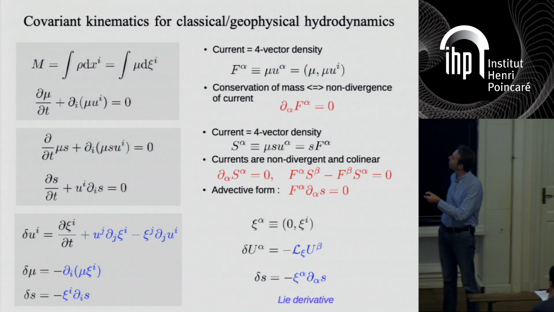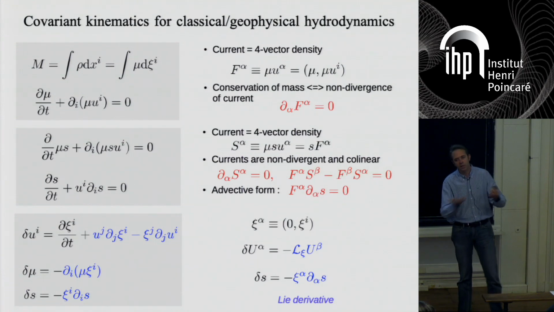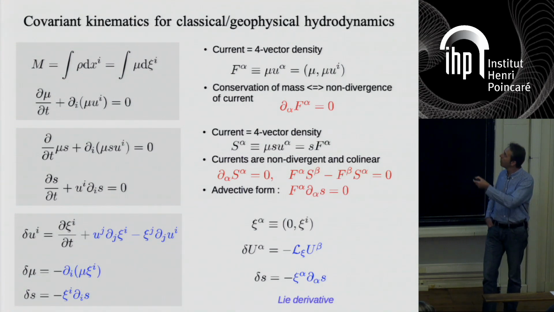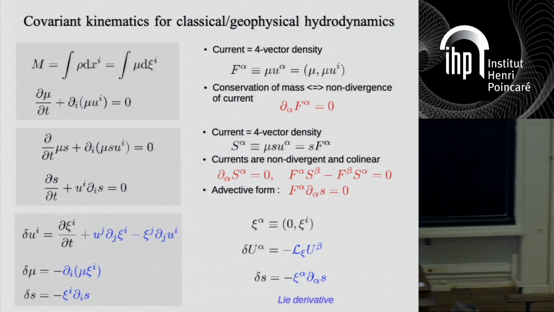Okay, so the short story is that we are not going to describe the flow separately by its velocity and its density. We are going to describe it by a current which is non-divergent. And then you can take variations on this current and find that the variations are in Lie form. You can deduce these variations from the known ones and obtain them in 4D. And they are in Lie form as well.